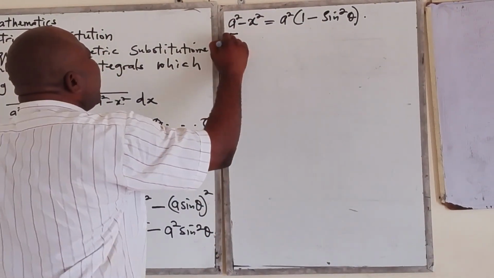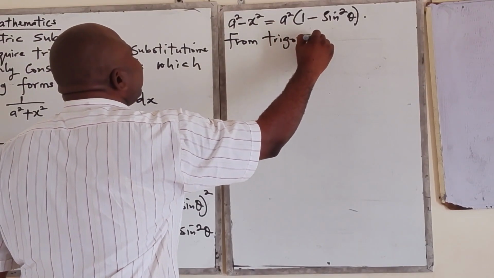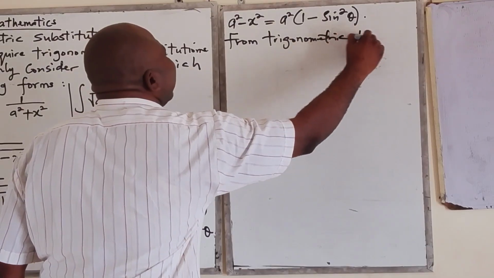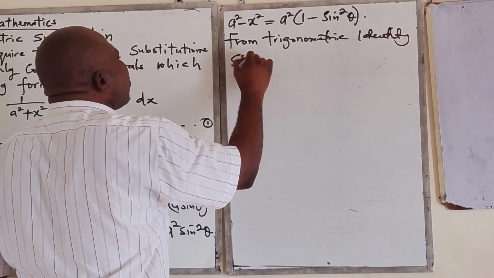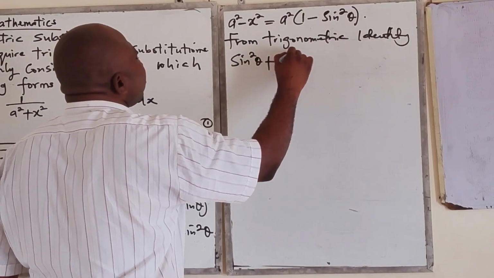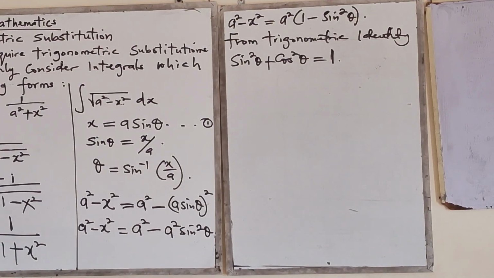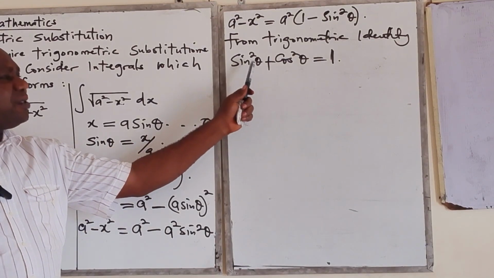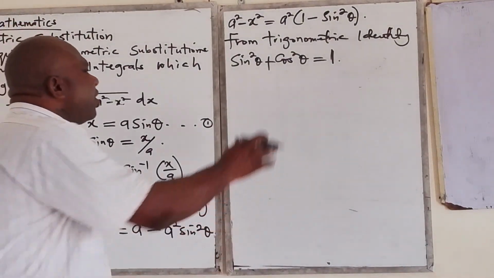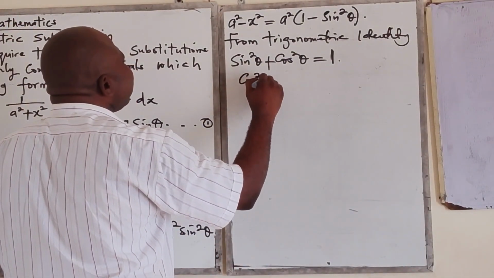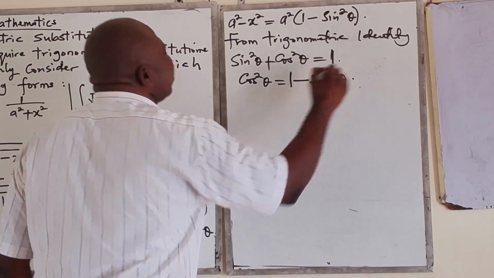Now, from the trigonometric identity, we said sine squared theta plus cos squared theta is equal to 1, irrespective of the value of theta. In this case, it means cos squared theta is the same thing as 1 minus sine squared theta.